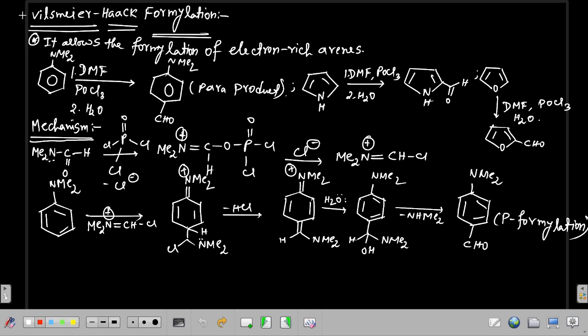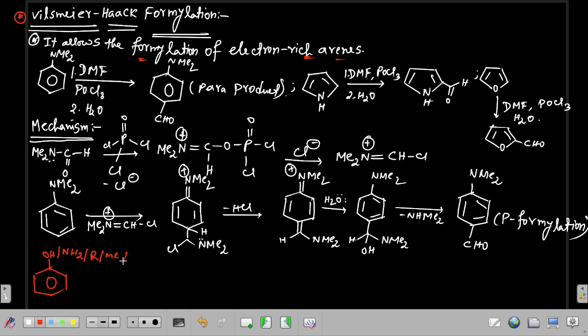Our next reaction is the Vilsmeier-Haack formylation. It leads to the formylation of electron-rich species, like electron-rich arenes. You can think of electron-rich species as any phenol, aniline, amine-based species, alkyl, or methyl groups.